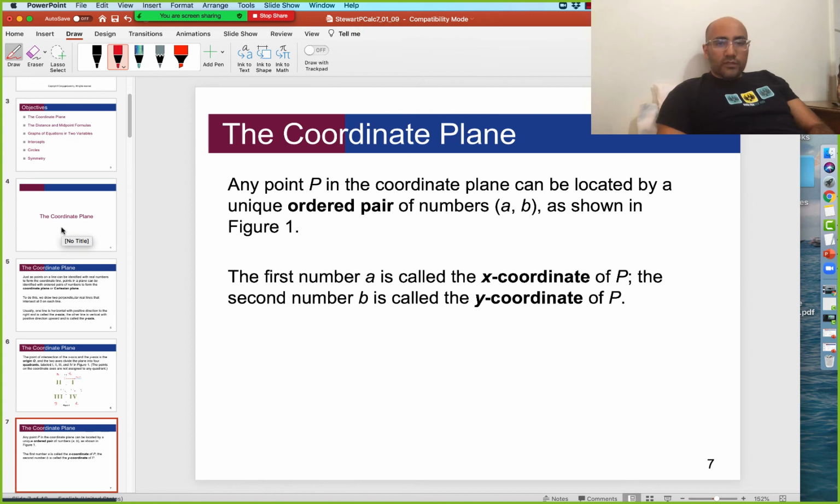Anyway, in a coordinate system, each point in our two-dimensional grid is identified by an ordered pair, for which we use the notation (a, b) with parentheses, where a represents the distance along the x-coordinate or the horizontal axis, and b is a value along the vertical axis, the vertical coordinate of our point.